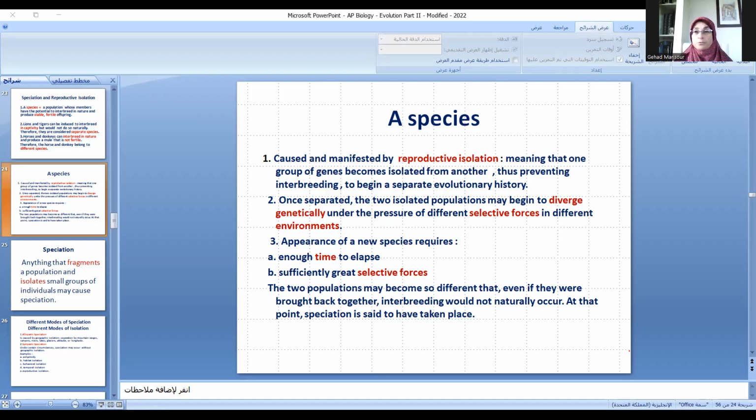The coevolution, on the other hand, in coevolution, we still have two interacting species, meaning that the two species affect each other, and there is a reciprocal set of adaptations, meaning that they will affect each other. The two species, A and B, will affect each other, and this is what we call coevolution.